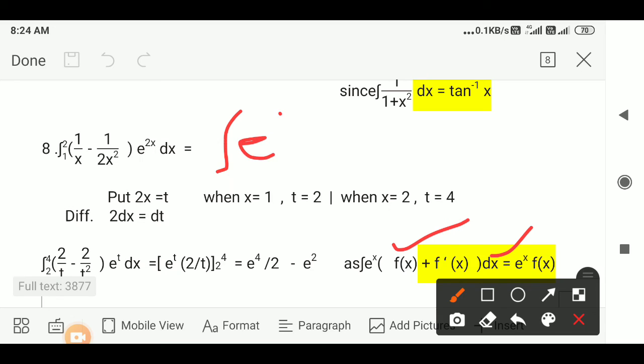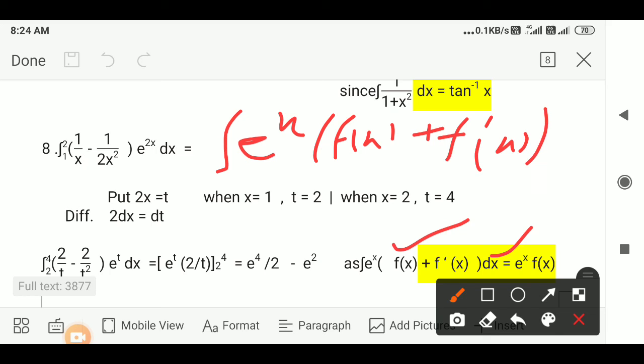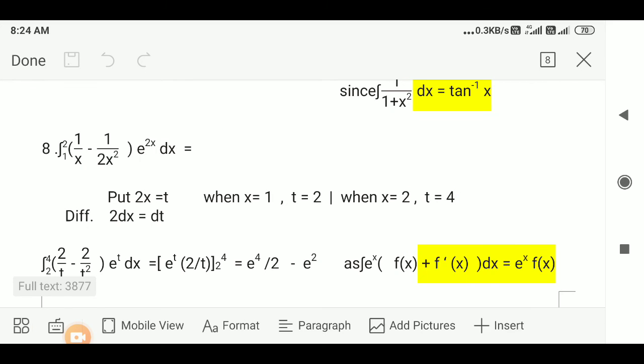The result is e power x f x plus c. So we are using this formula here, but you cannot use it directly because 1 upon x has not such differentiation as 1 upon 2x square, and here it is not e power x, it is e power 2x.